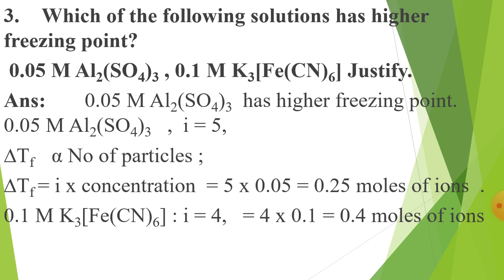In the second case, 0.1 M K4[Fe(CN)6], here i equals 4, so we get delta Tf equal to 4 into 0.1, which gives 0.4 mole of ions. So the more the delta Tf, the lower the freezing point, and the less the delta Tf, the higher the freezing point. The smaller delta Tf is calculated for Al2(SO4)3. That's why Al2(SO4)3 has the higher freezing point.